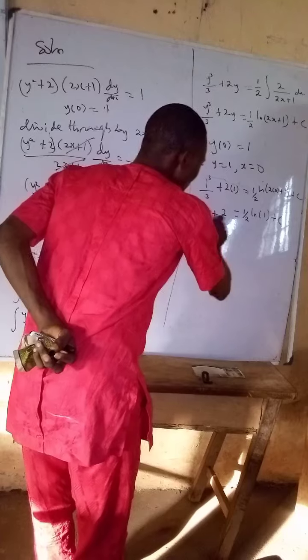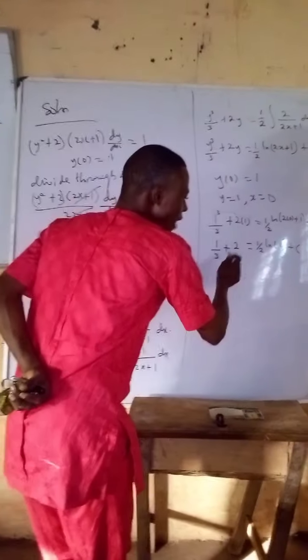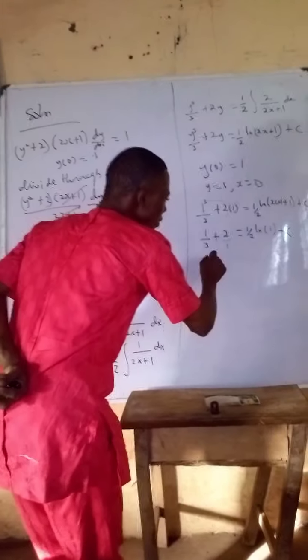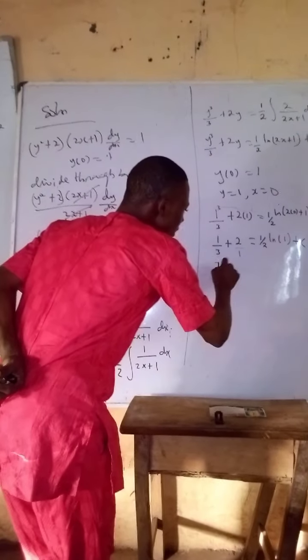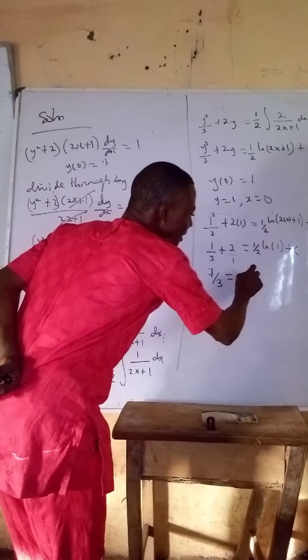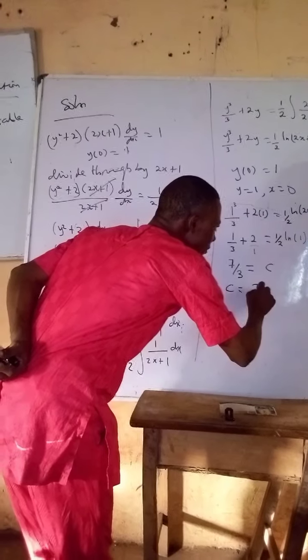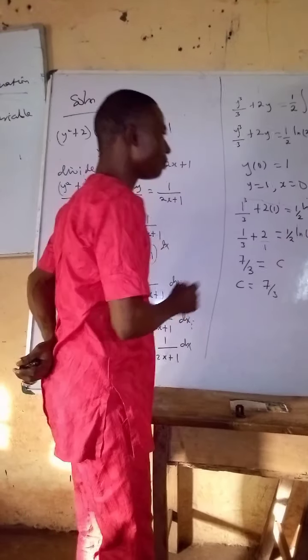So we are left with, if we find the LCM on this side, 7 over 3, which is equal to c. So therefore c is equal to 7 over 3.